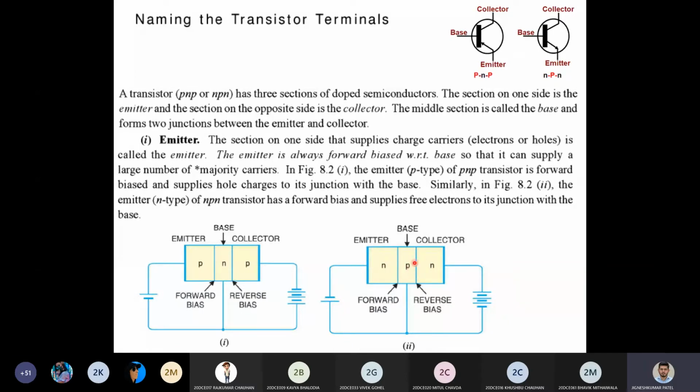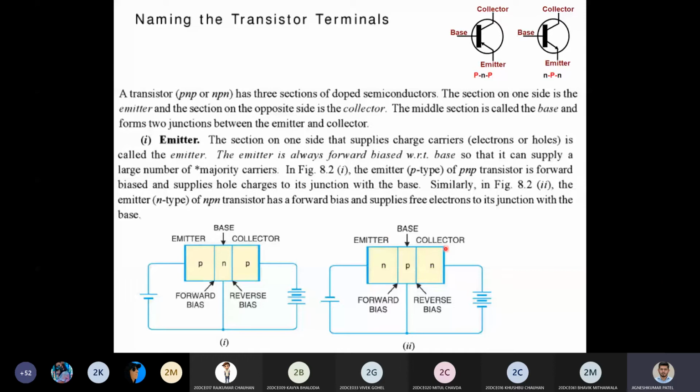That electron will pass on to this layer. Why will it pass on to this layer? Because this is in reverse bias. A positive terminal is here, which means holes are present. So the large number of electrons will be attracted towards this positive polarity, and that electron will flow here. So a large current will pass to the collector.